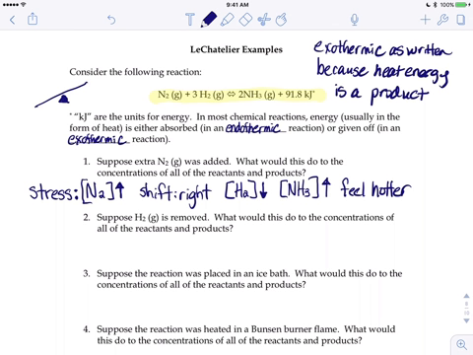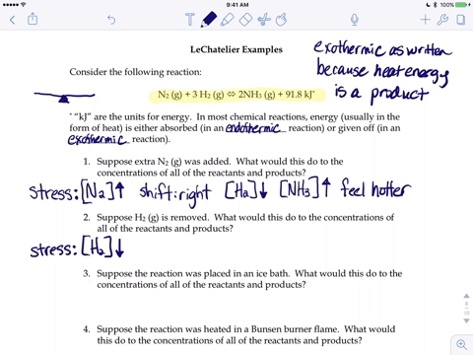All right, let's look at another example of how changing the amounts of reactants or products might change things up. In the second example, it says, suppose some hydrogen is removed. So what that means is our hydrogen concentration is going to come down. Let's picture our teeter-totter in balance.